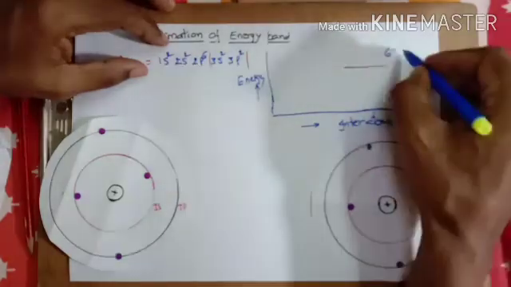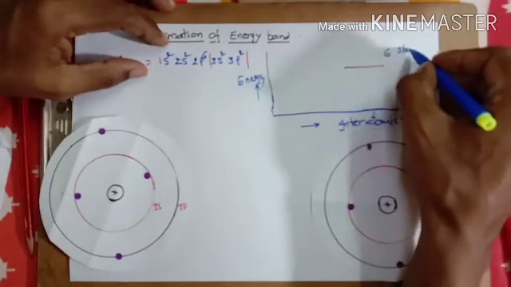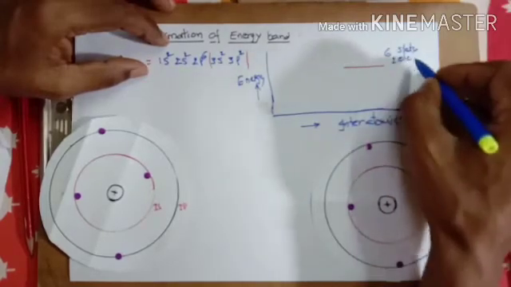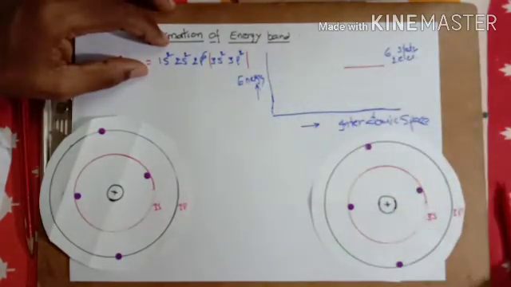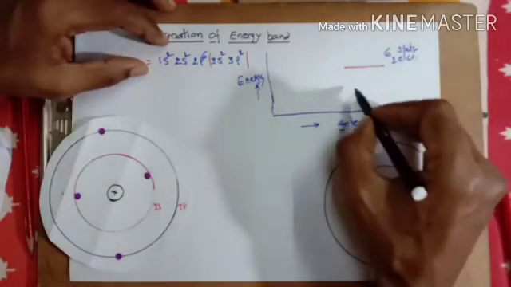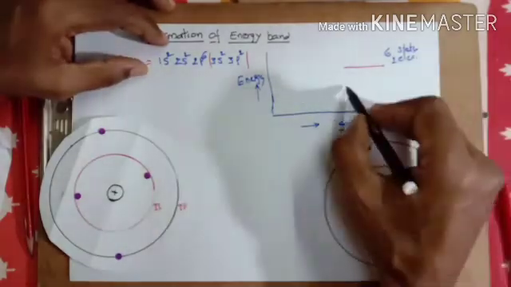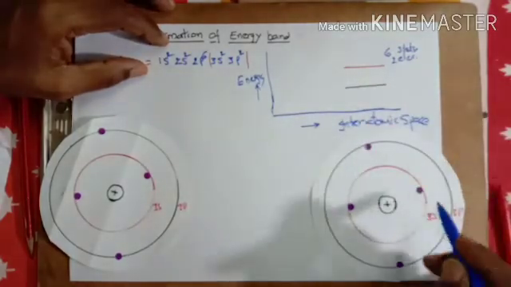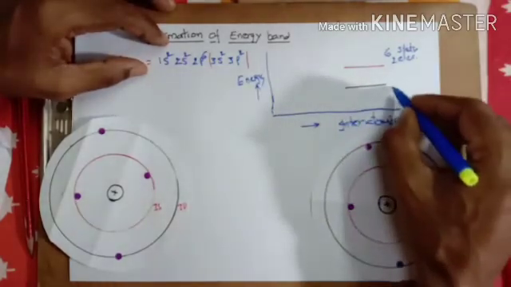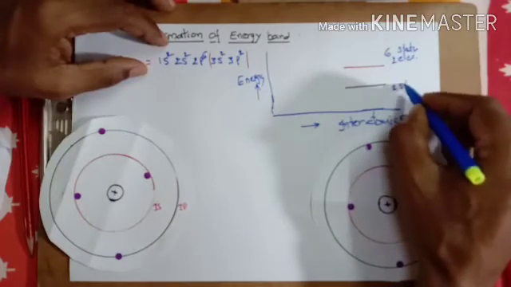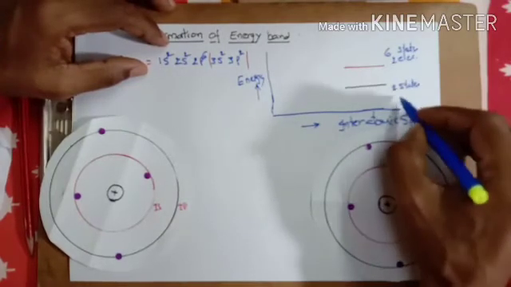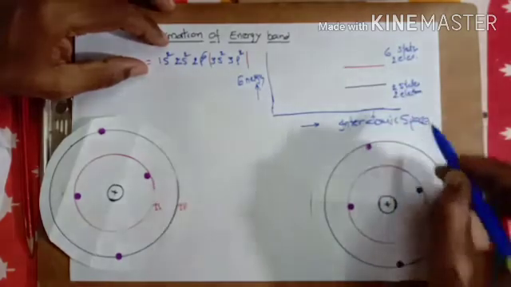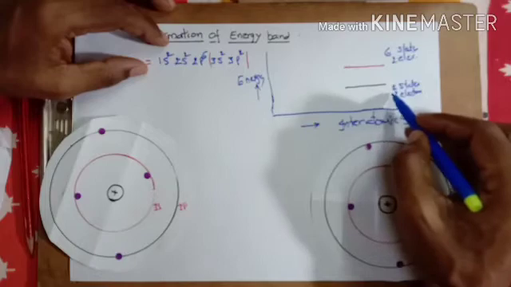And how many electrons? 2 electrons. And in the s orbital, the energy level is this. And here, how many states are there? 2 states and 2 electrons are filled. Okay, so in this all states are filled.